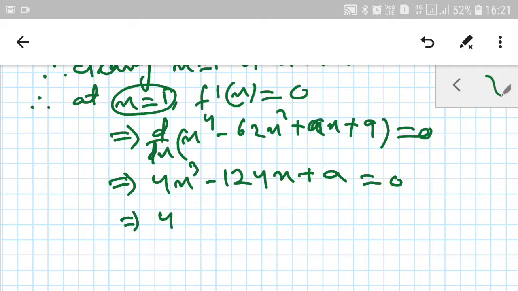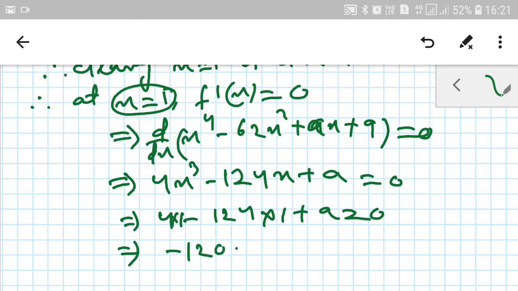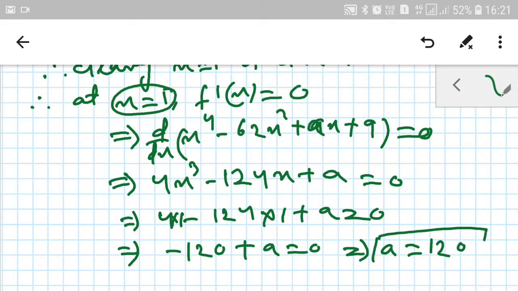So it is 4 minus 124 into 1 plus a equals 0, and I get minus 120 plus a equals 0, and hence a equals 120. So this is the solution of this kind of question. So this is for question number 11, right?